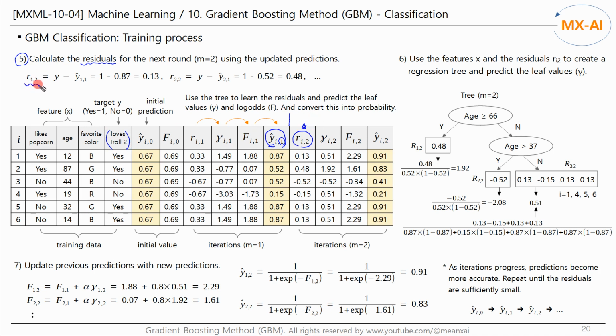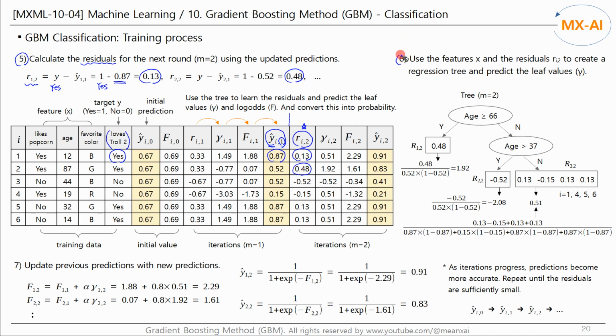For the first data point, the actual y is yes, and the y-hat is 0.87. Since yes is 1, the residual is 0.13. And the residual of the second data point is 0.48.